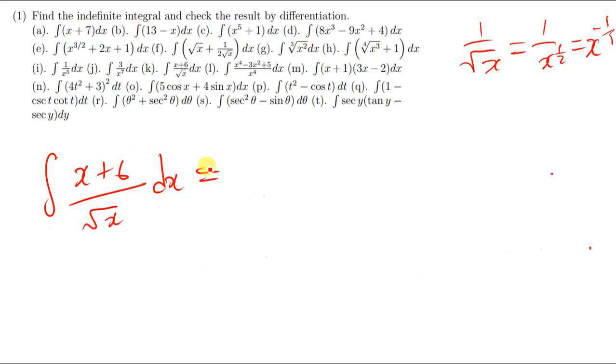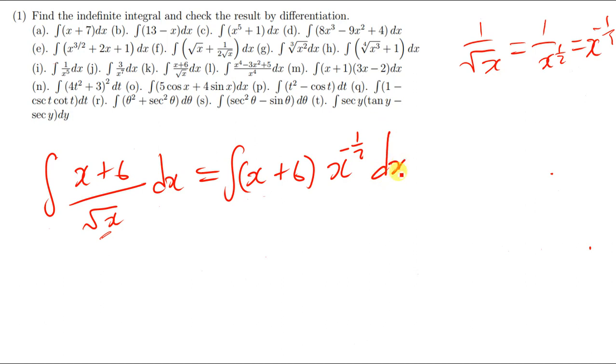So I can write this expression as x plus 6, and then we write it as x to the power negative half. So this expression is what I've written in this format.